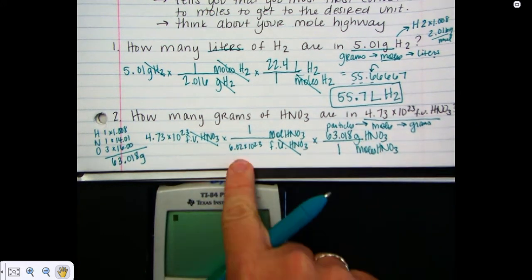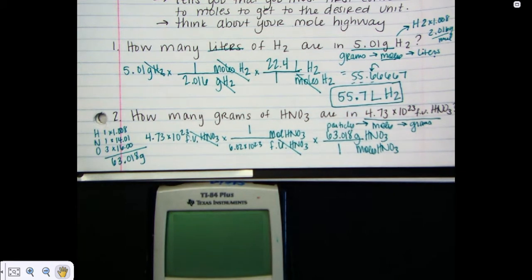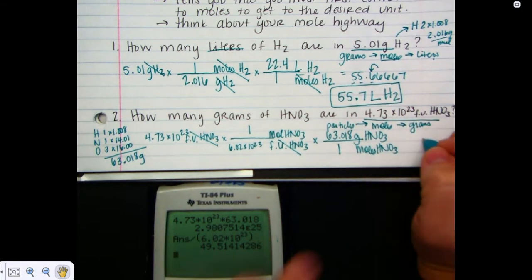Multiply the top, divide by the bottom. 4.73 times 10 to the 23rd times 63.018, enter, divided by parentheses 6.02 times 10 to the 23rd, close parentheses. And what do I get? 49.514.